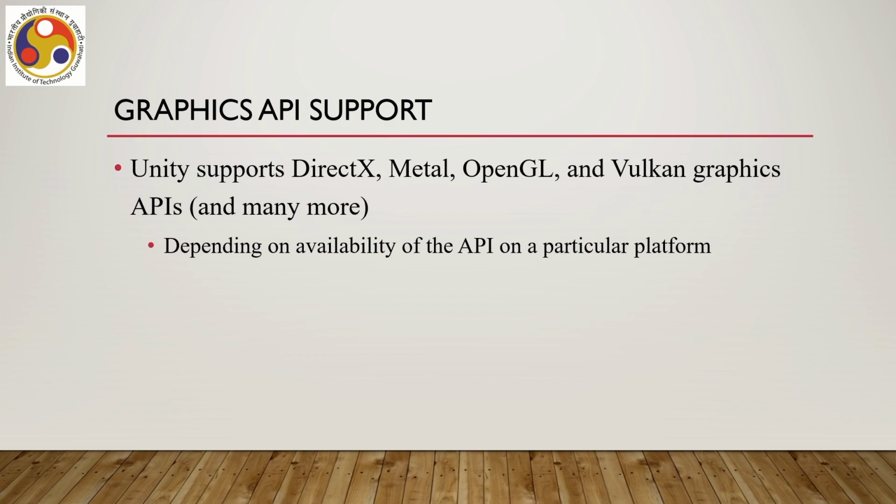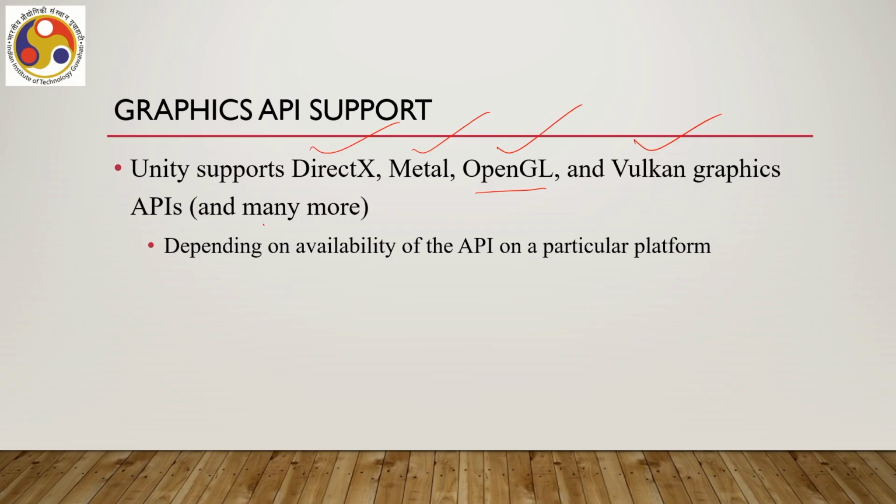And what are the libraries that are supported by Unity? DirectX, which is primarily in the Windows environment, Metal for Apple systems, OpenGL, Open Graphics Library, and Vulkan. These libraries are supported.